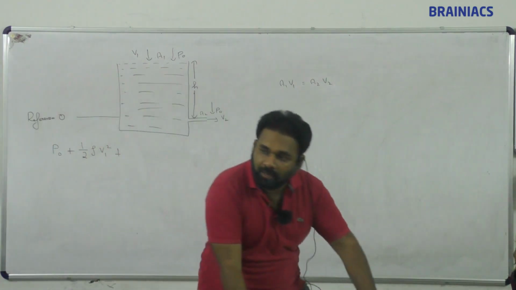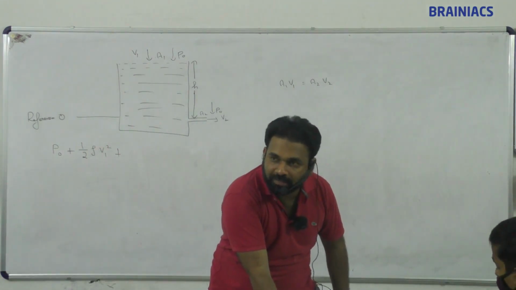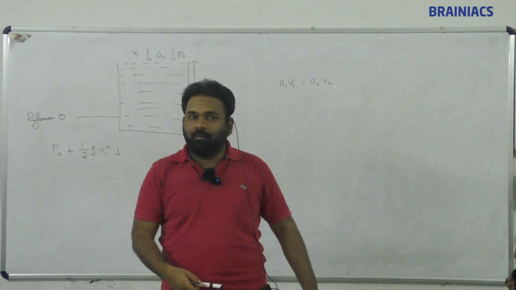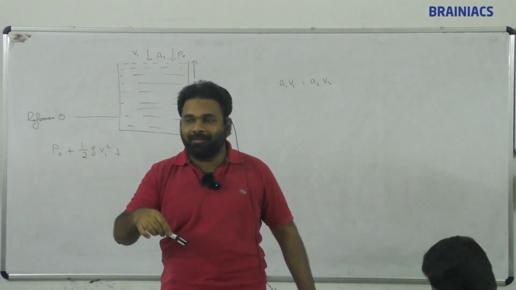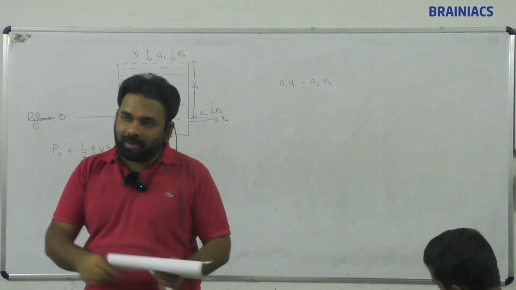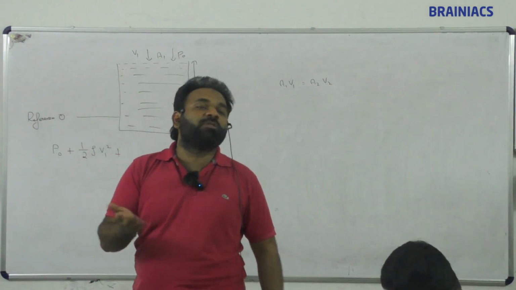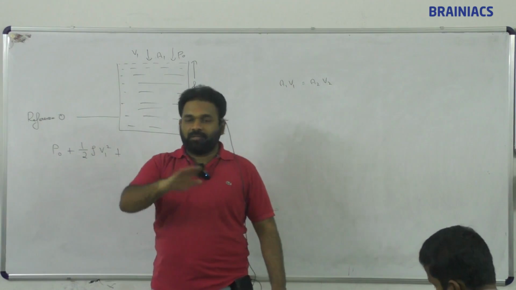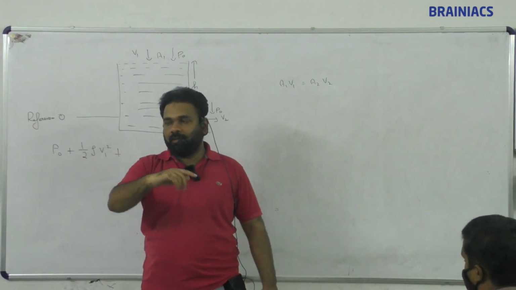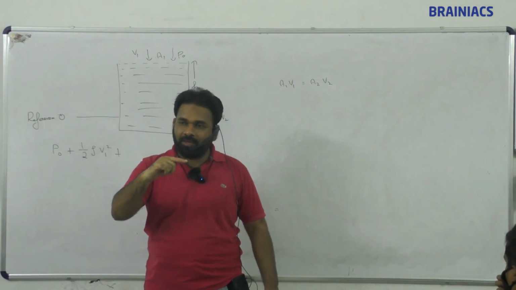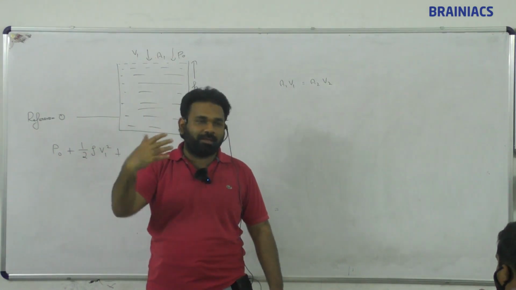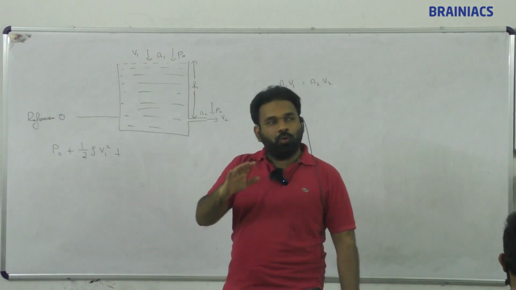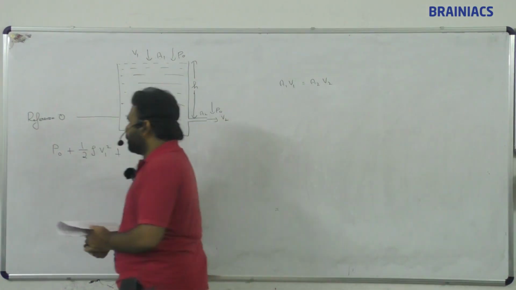If I keep this bag on the ground, what is its potential energy? 0. We will consider a point as the reference point, take it as 0 height, and from there potential energy is equal to mgh. That is how it is.